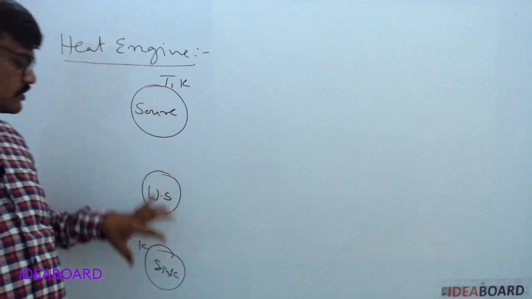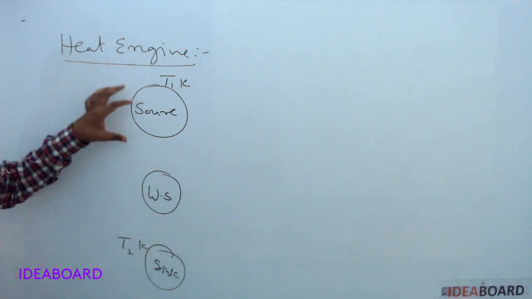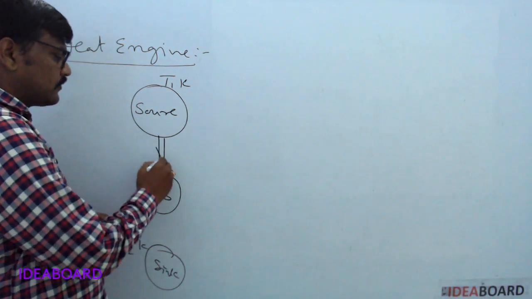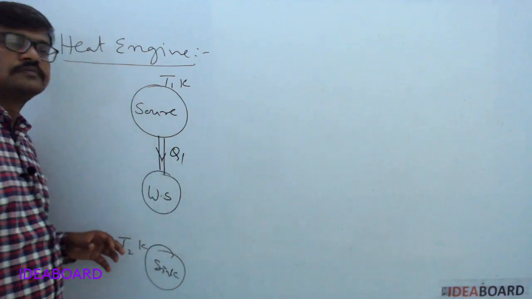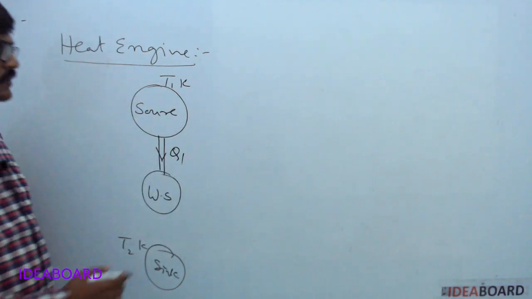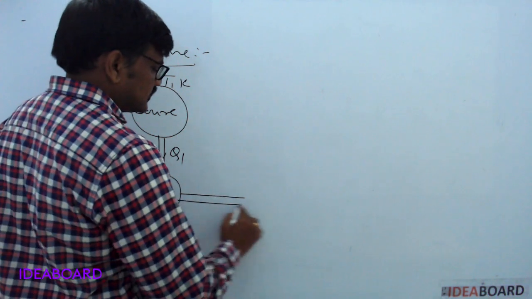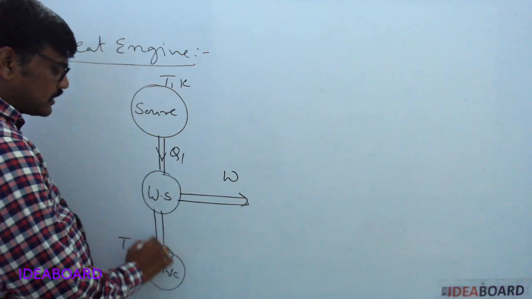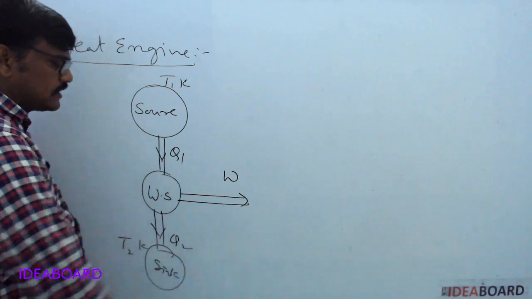Now, the working substance will absorb some quantity of heat, Q1, and do some external work W, and the remaining heat is transferred to the sink, Q2.